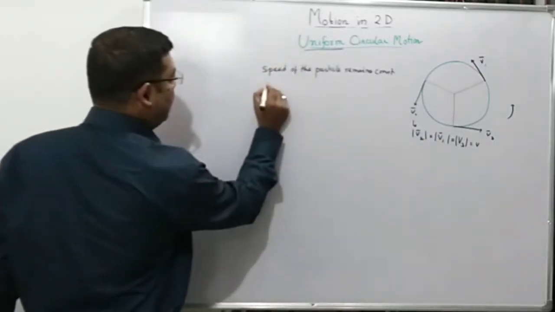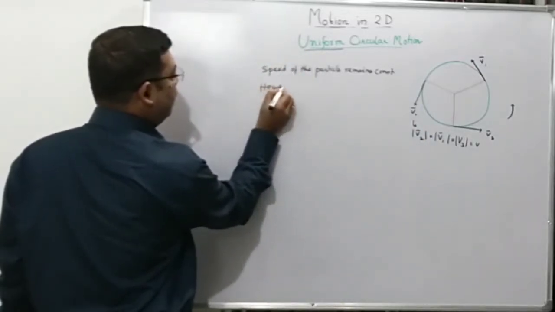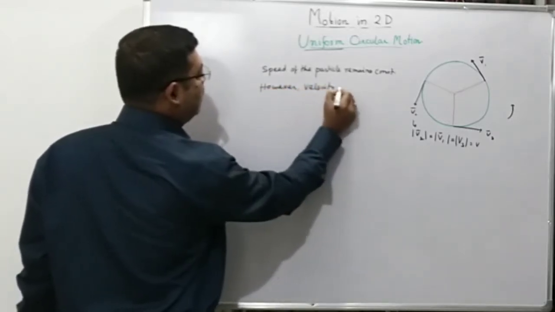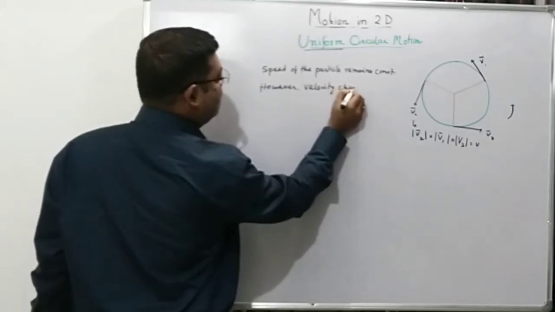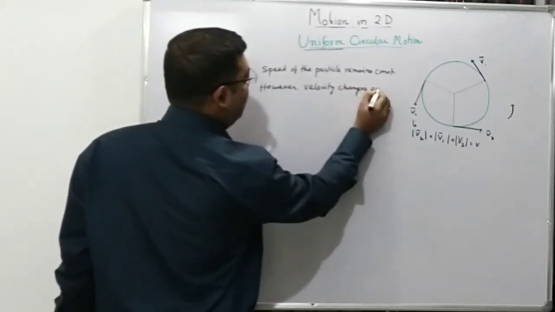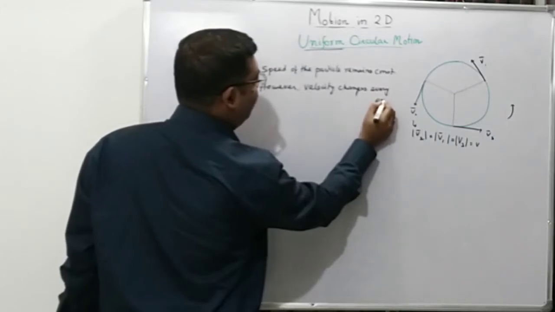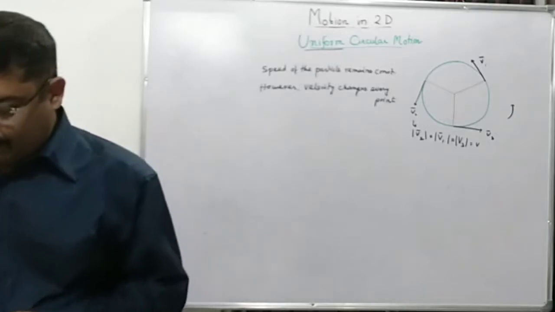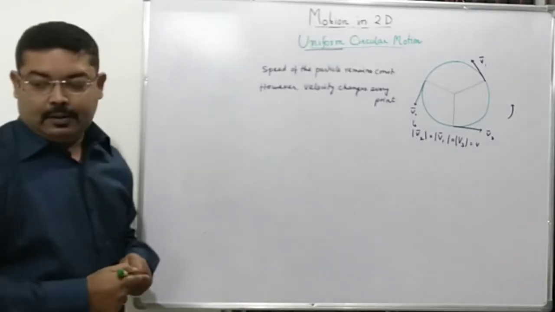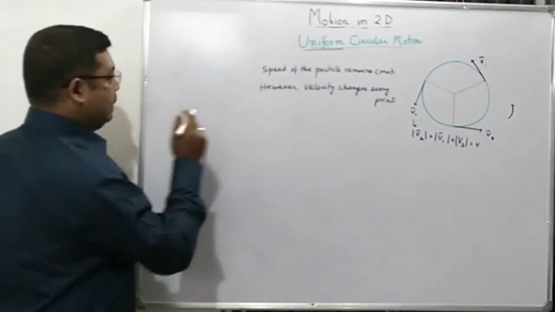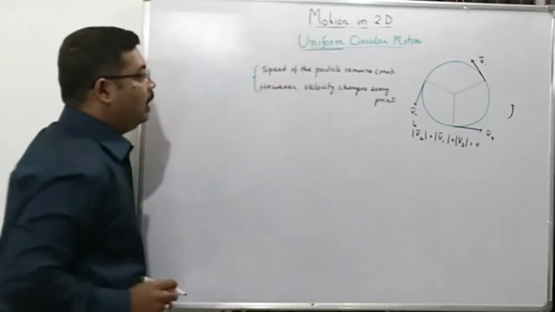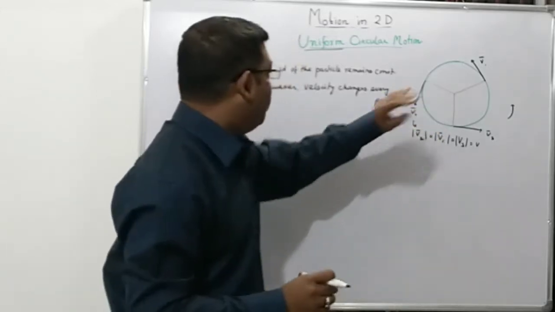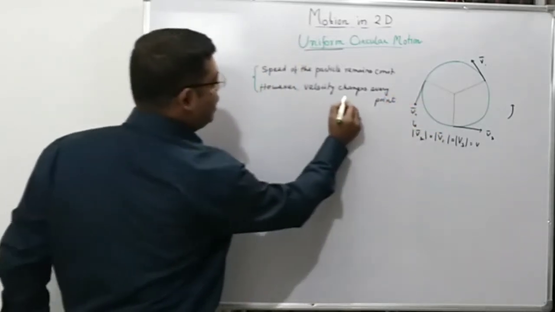So the velocity, however, changes at every point of the path. What it means is that it is a motion where velocity will keep on changing.